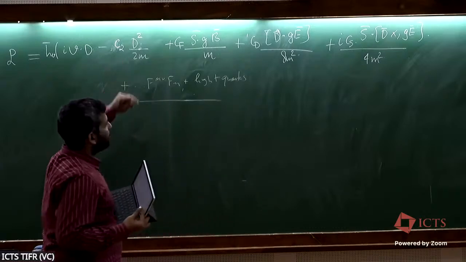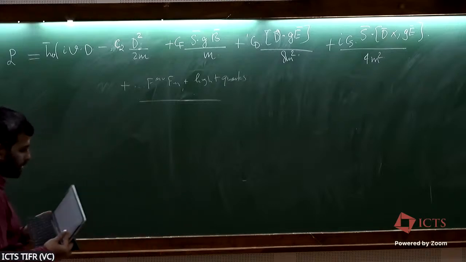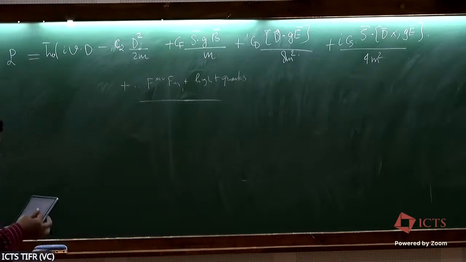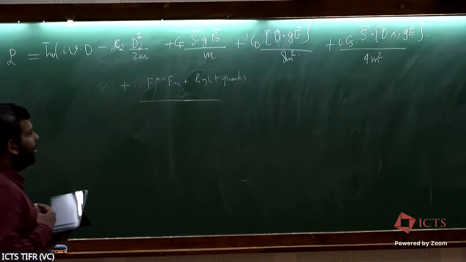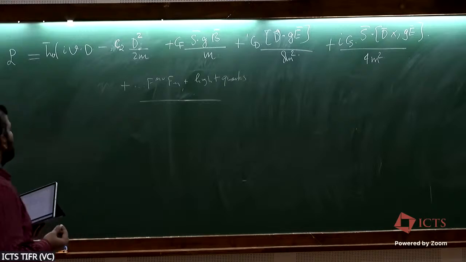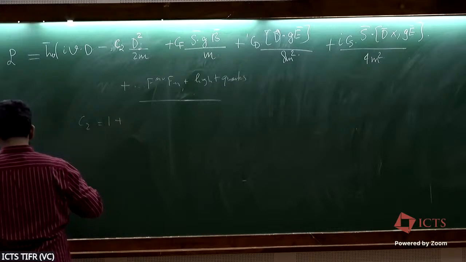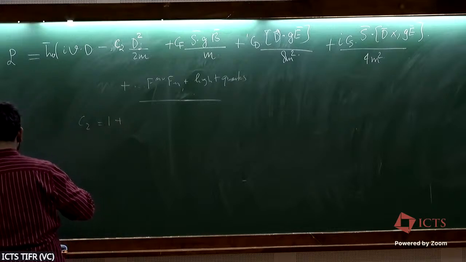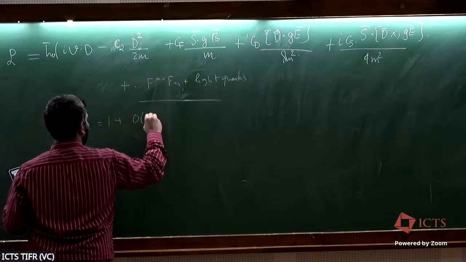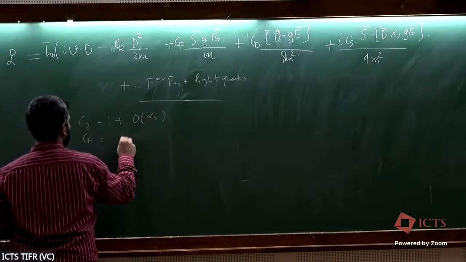So here now you see I have added the Wilson coefficients C2, CF, CD, CS, because in general, the radiative corrections or the loop corrections can modify these coefficients beyond 1. C2 is some 1 plus order alpha S correction. CF is also something similar.